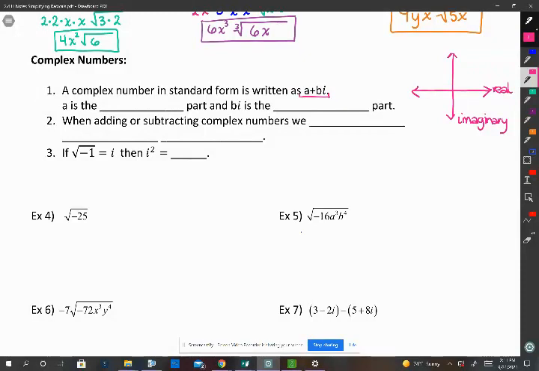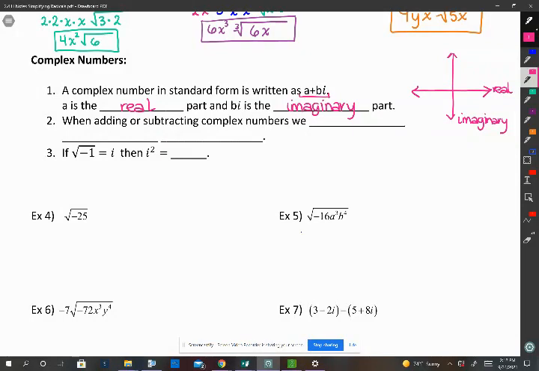As we look, a is the real part of the complex number, and the bi part is the imaginary part. So when I graph a point in the complex number system, I'm going over, right or left, to the real part, and then up or down.